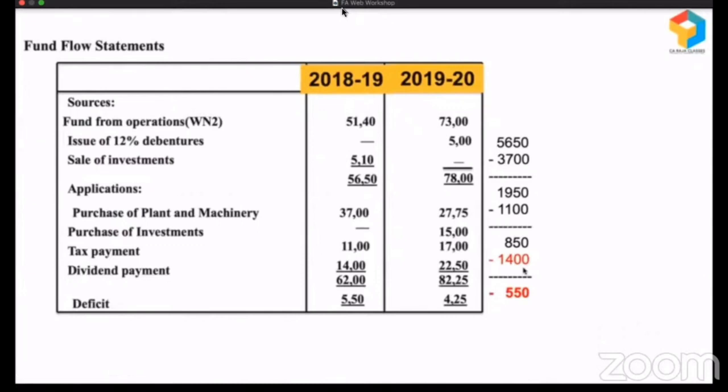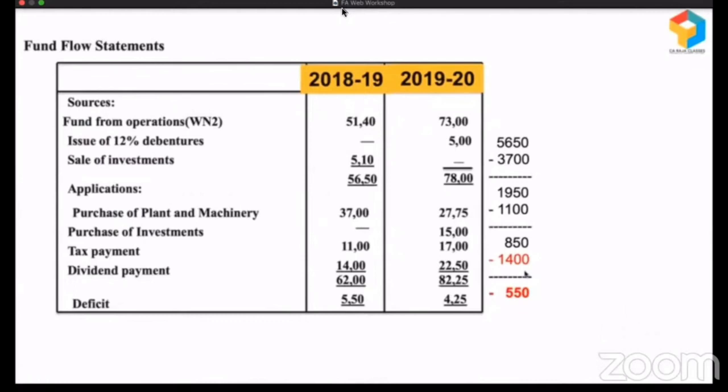Or the other way is, when they have an investment to the extent of 3,700, why are they paying dividend? They could have used this money for funding that, right? They didn't. They paid dividend when they didn't have adequate funds. When they had only 850, they paid 1,400. They simply diverted short-term funds for long-term purpose.